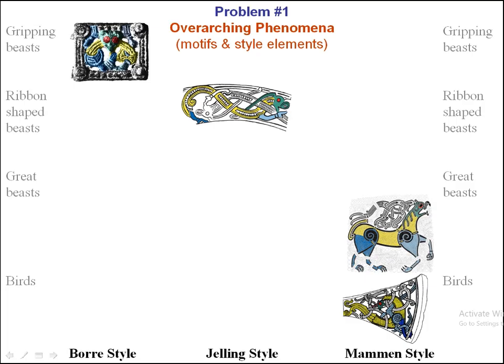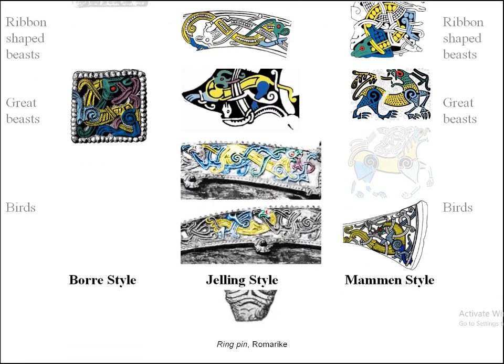One of the problems that have been pinpointed several times is the occurrence of many blends of styles that are supposed to be different ones, especially when it comes to high quality artifacts that feature more complex compositions than the original artifacts that have been name giving for the different style groups. As an example, I show here a ring pin from Romerike in Norway.